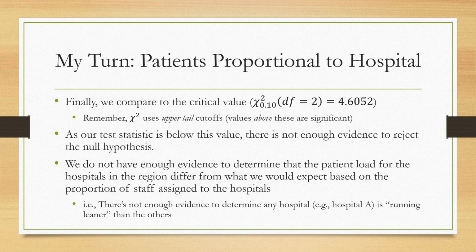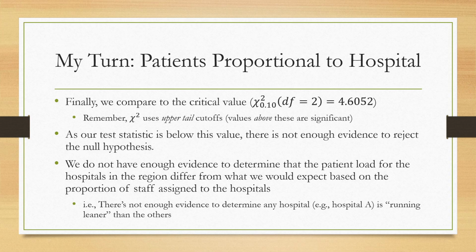But in trying to tell our statistical story and in thinking about the audience that we're telling this story to, trying to introduce both of those claims is really just going to confuse the issue. And if I'm presenting this to a group of individuals who want our hospital to be running leaner, they are going to latch on to the statement, well, we are running a little leaner in our sample, and just ignore the statement, but we don't have enough evidence to determine if this is true for the population.